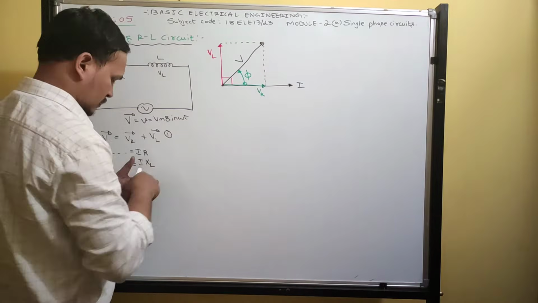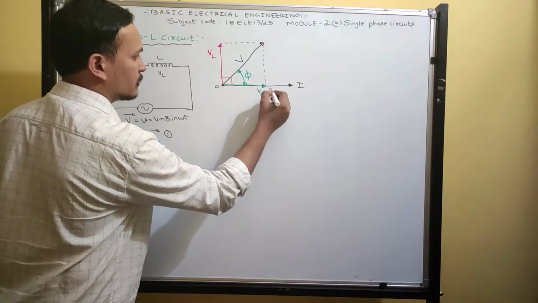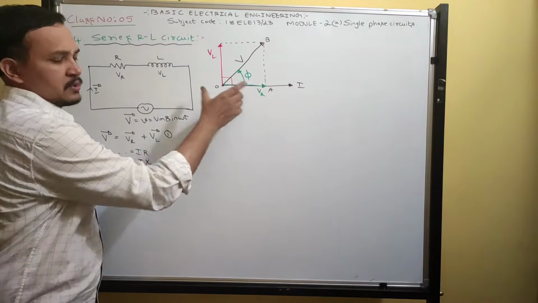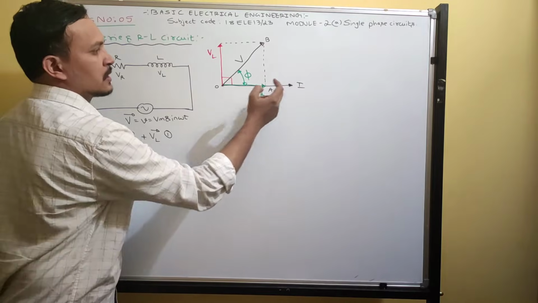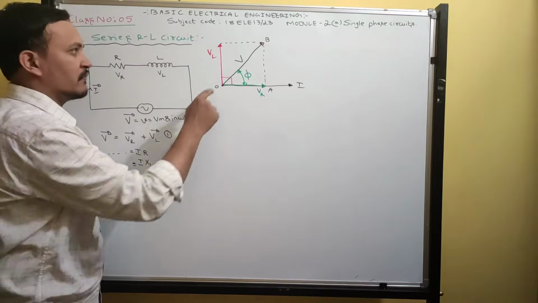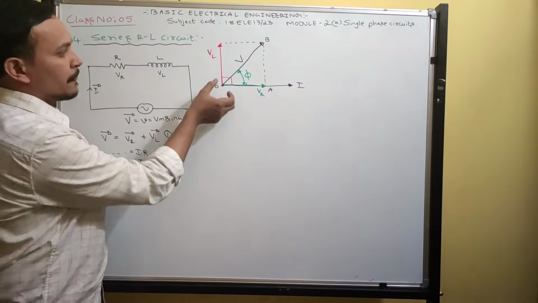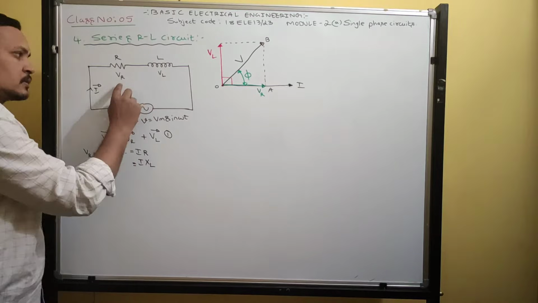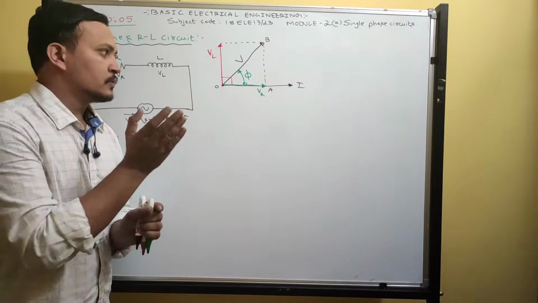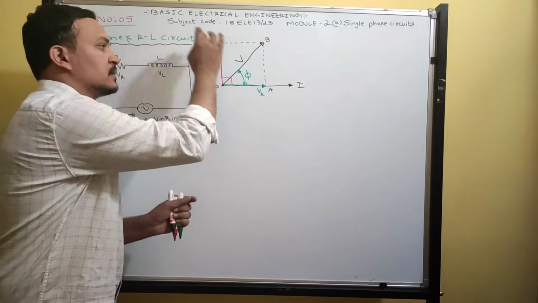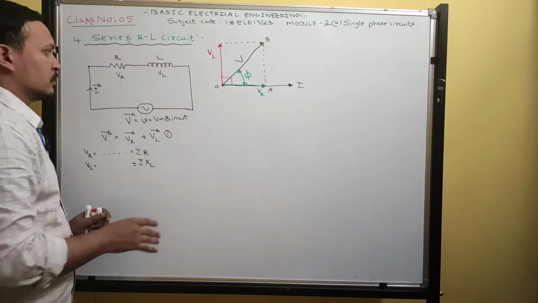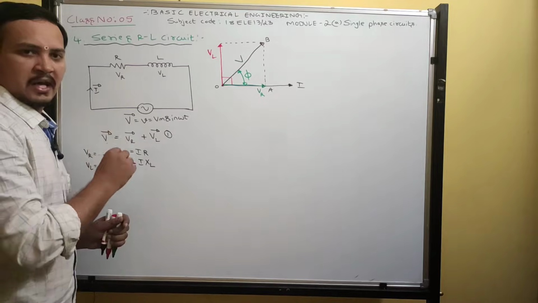Now give the namings O, A and B. See guys, if it is only a resistance circuit, the angle between voltage and current is 0 degree. If it is only an inductive circuit, the phase angle is 90 degree. But due to the combination of R and L, the phase angle lies between 0 and 90 degrees. It is neither 0 nor 90, in between you get an angle, due to the combination of these two elements.